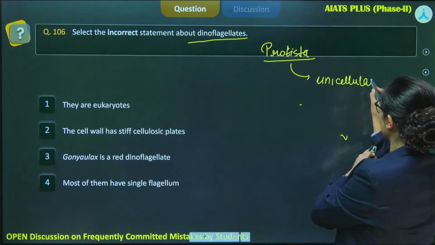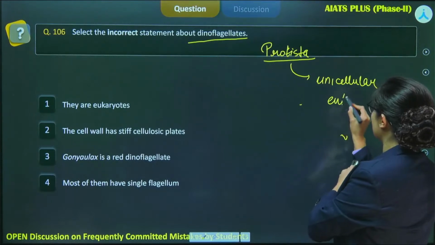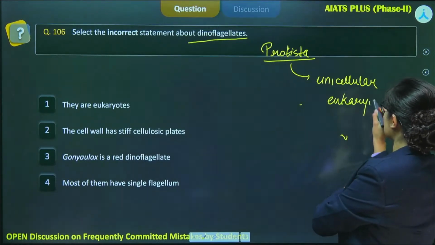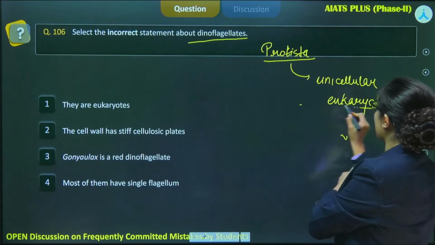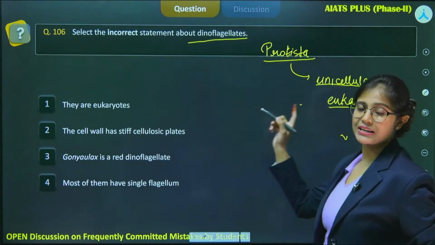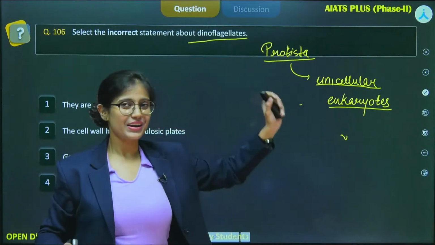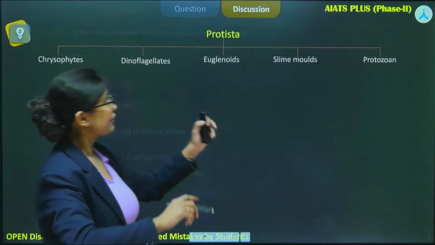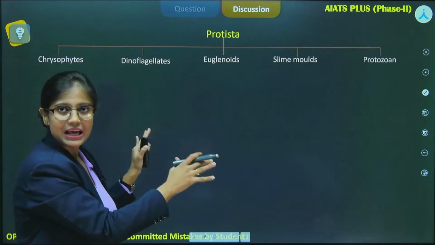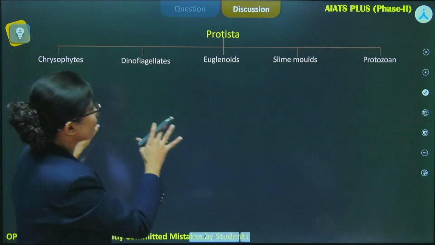Unicellular eukaryotes. That means the organisms which are present in Protista are unicellular and have all the cell organelles which are present in the eukaryotic organism. Now, if we classify them into different classes, it is actually divided into 5 classes.